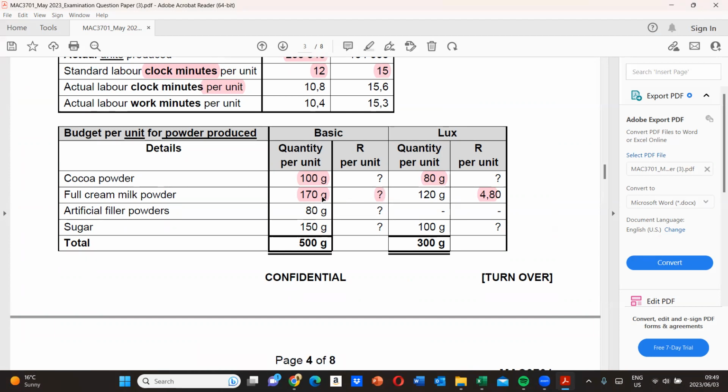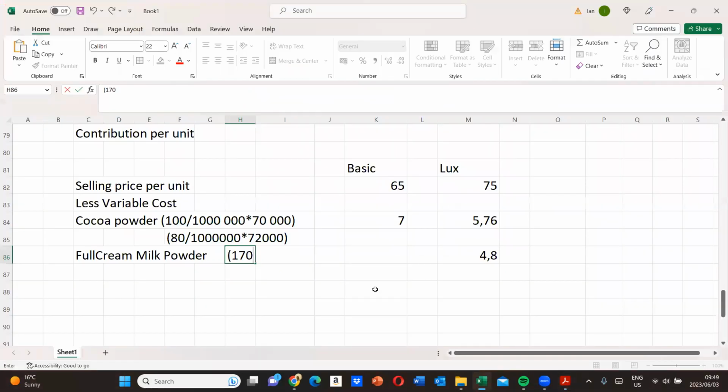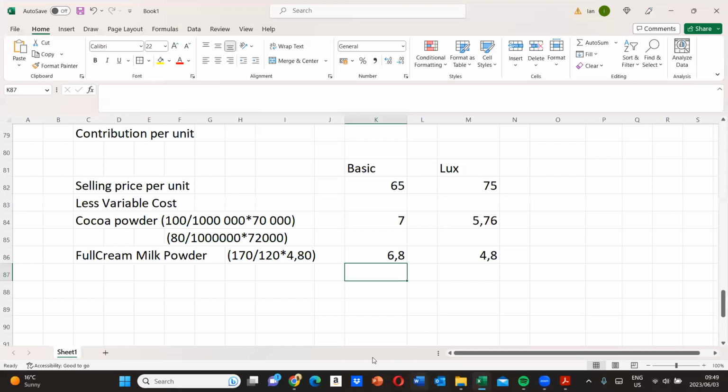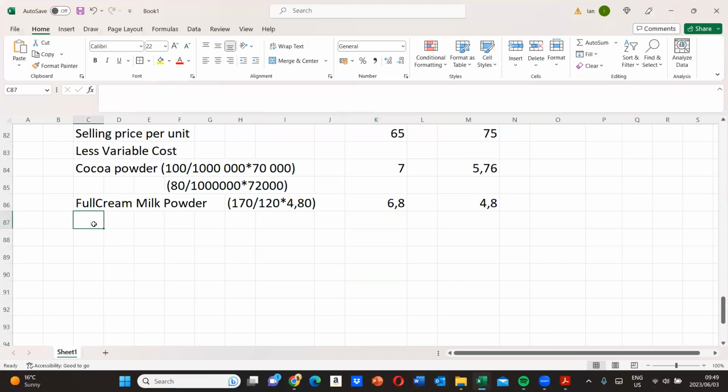That is how we could have worked out the value. We take 170 divided by 120, then multiply with 4.8. This is how we could have gotten the price for the full cream milk powder.